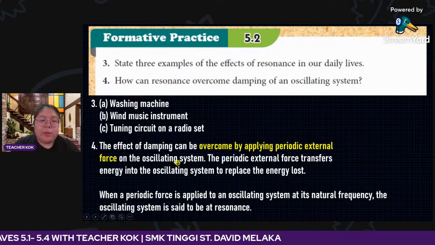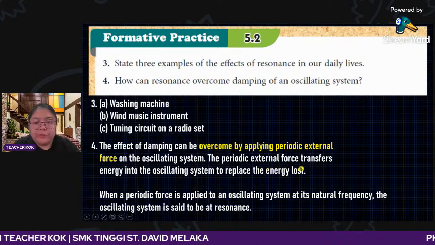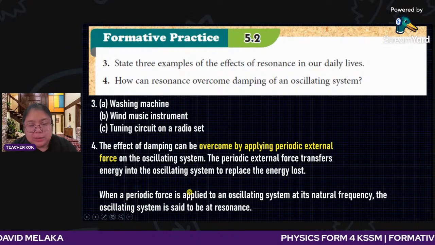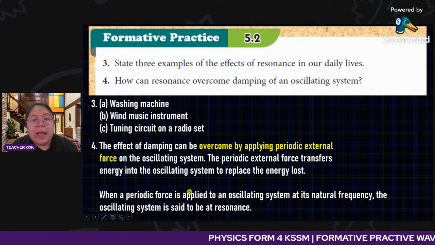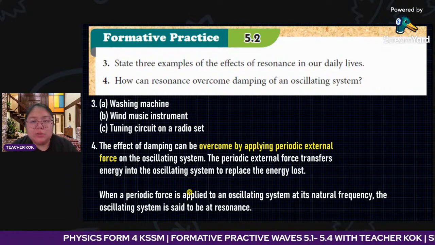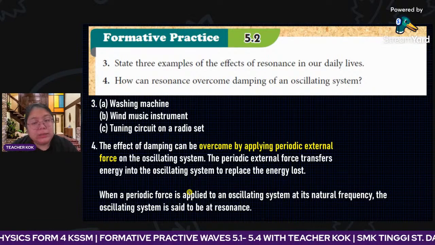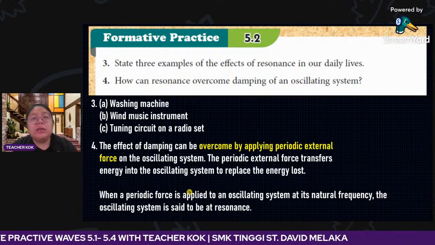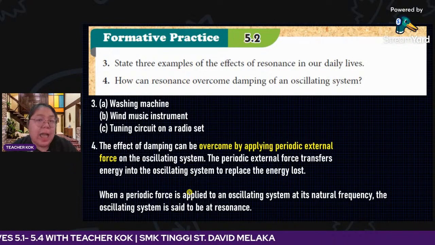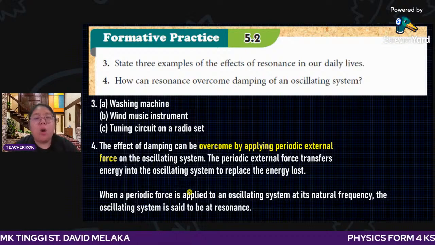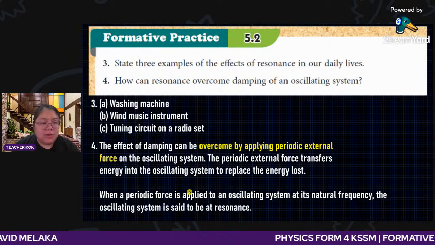From here, the periodic external force transfers energy into the oscillating system. Because with damping, they lose energy. So when I add extra force, the system continuously gets energy because I add it. They never lose it already. From here, we say they overcome the energy loss.